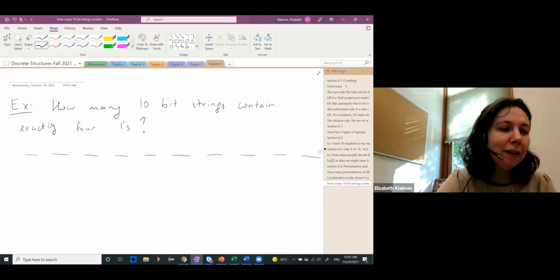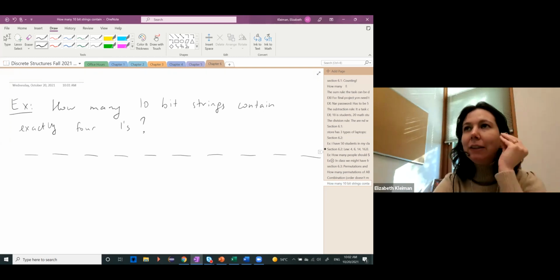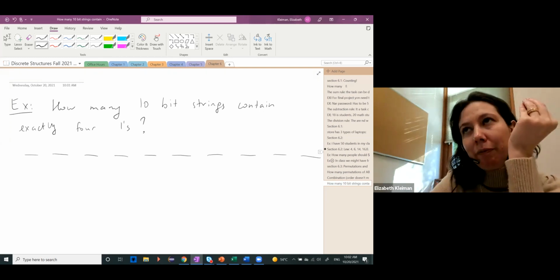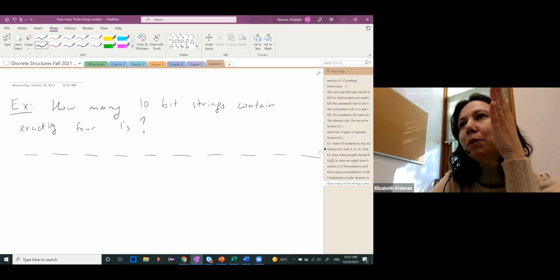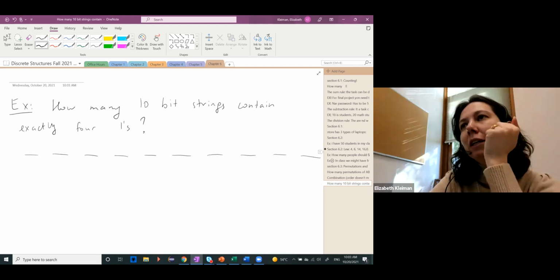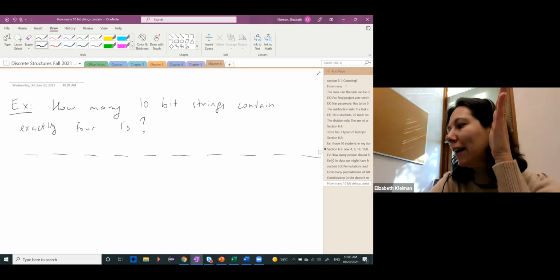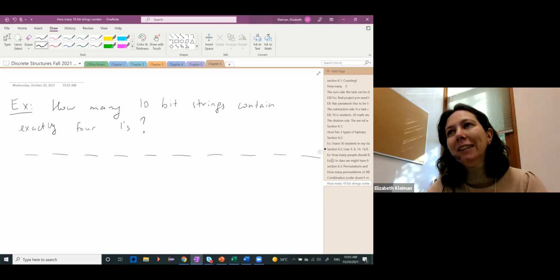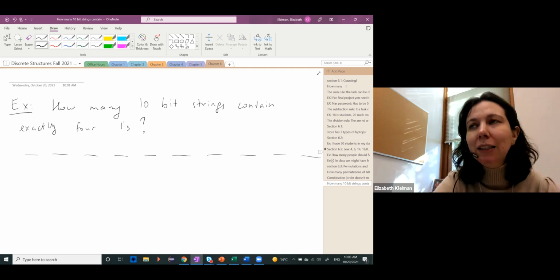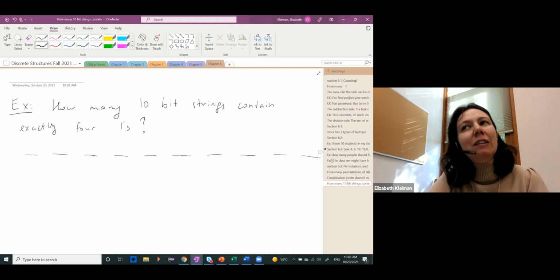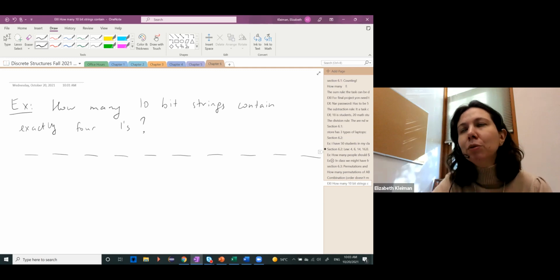So now let's play with the thought of it. What I really need to do is place my 4 ones. After I place the 4 ones in here, everything else must be 0. Do you agree? So after I put those 4 ones, there is nothing for me to do.